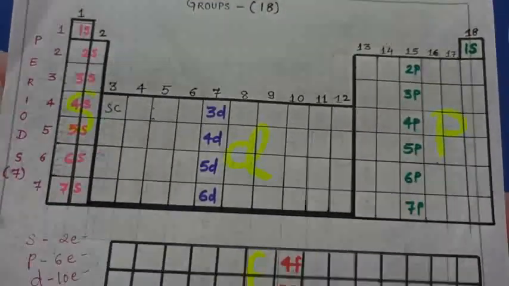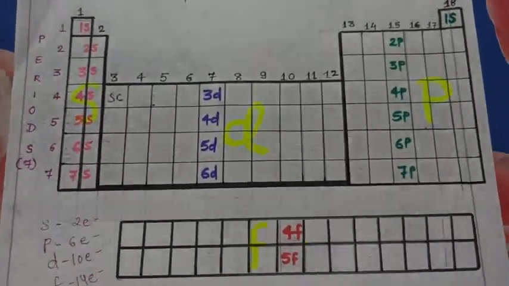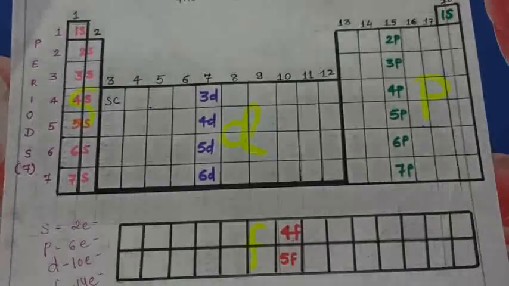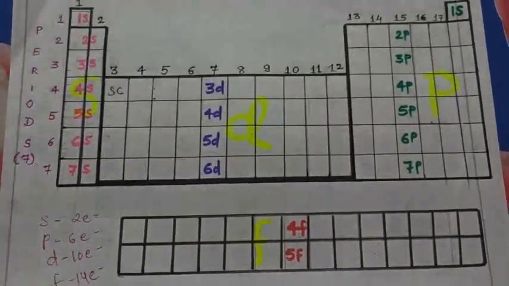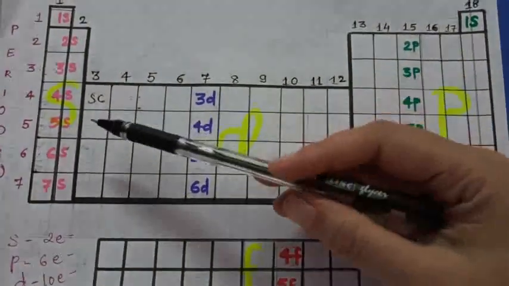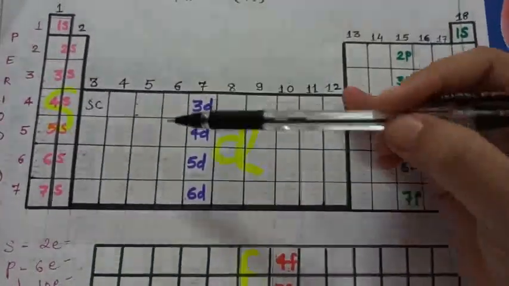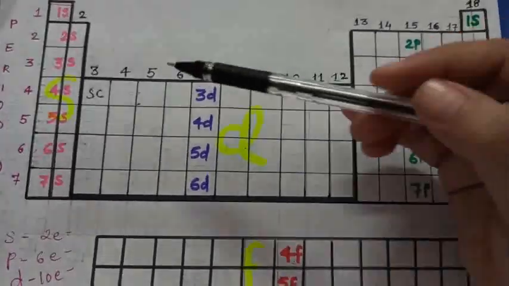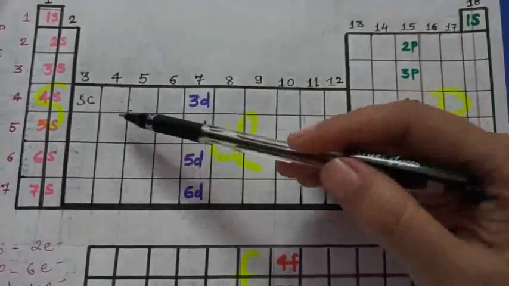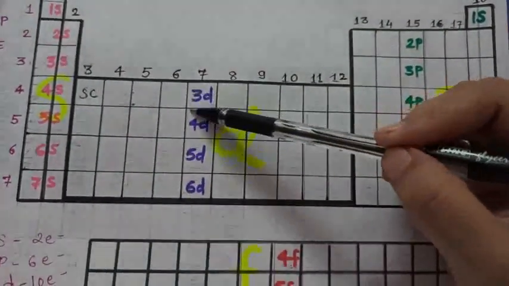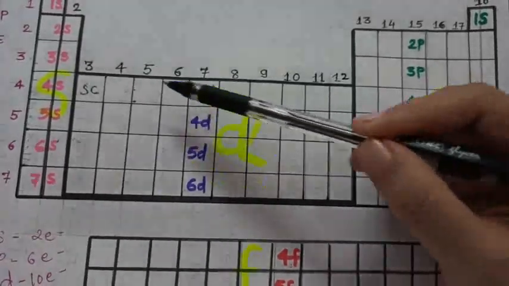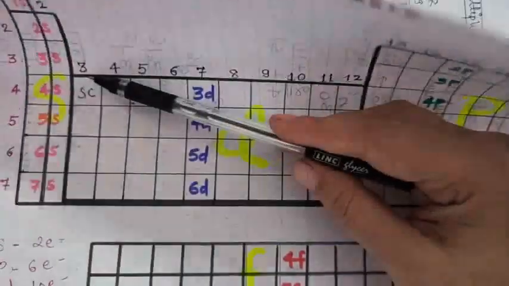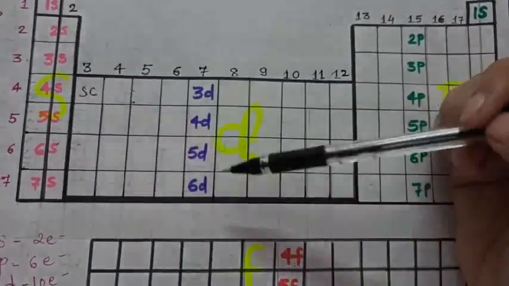Now what does this SPDF designate? If an element is written in the D block, it means it belongs to the D block of the periodic table. Second, if it is written in the first line, you can understand that 3D is gradually being filled. So scandium is written in the first line of the D block.